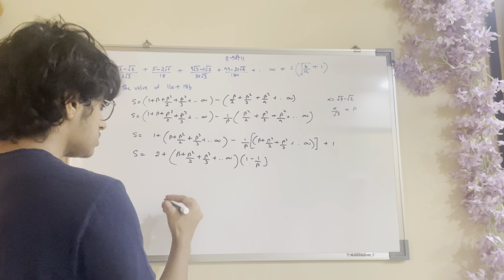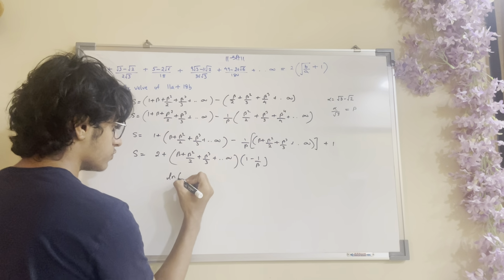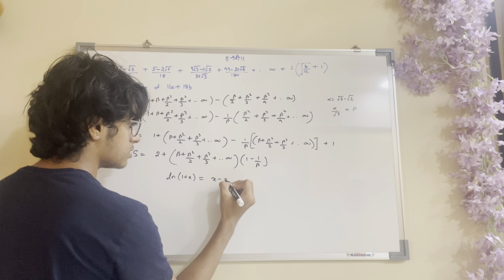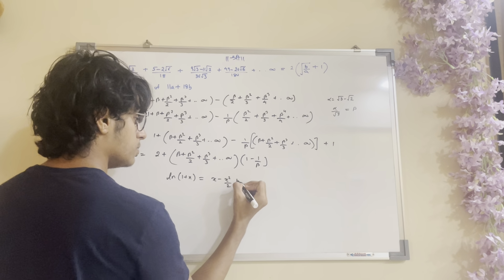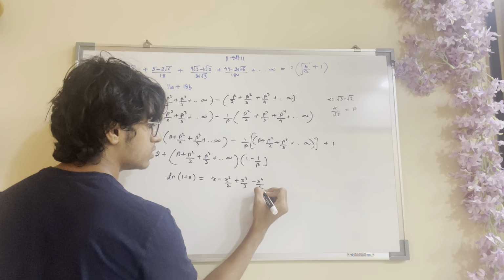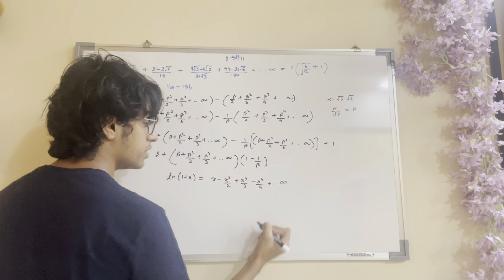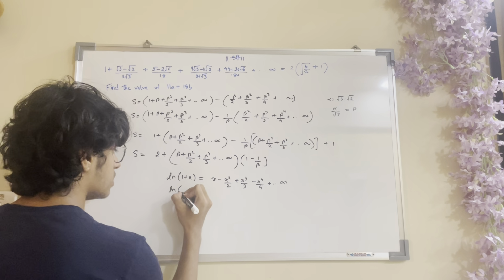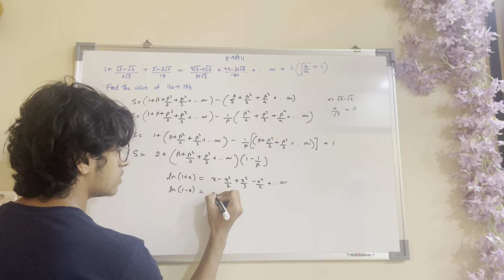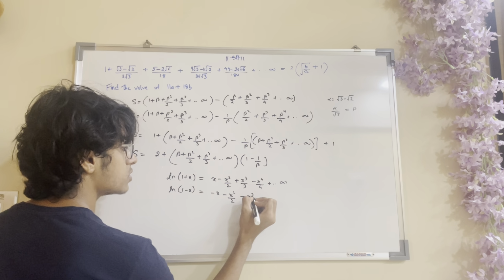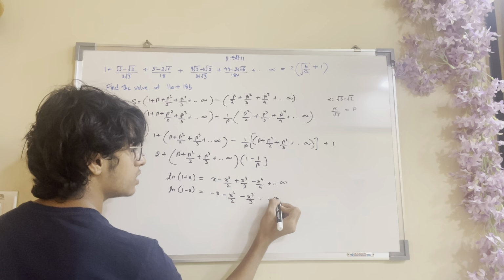Now a hint here is that we have the expansion of ln(1 plus x) as x minus x square by 2 plus x cube by 3 minus x power 4 by 4, so on till infinity. If we substitute x as minus x, we will have ln(1 minus x) is equal to minus x minus x square by 2 minus x cube by 3, so on till infinity.